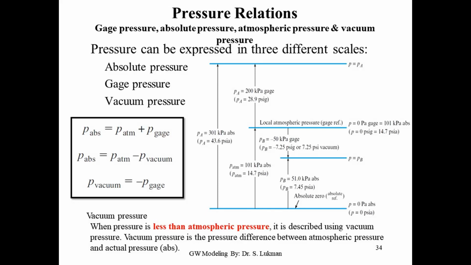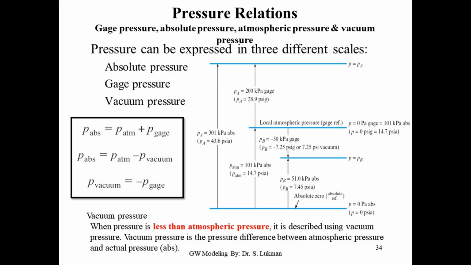If we have a reference pressure, let's say it's zero, absolute is zero. When absolute is zero, it means the atmospheric and the gauge pressure are all zero. So we have a reference line, and on this line all the different pressures are zero. When you move up, this is atmospheric pressure, 101 kilopascal.